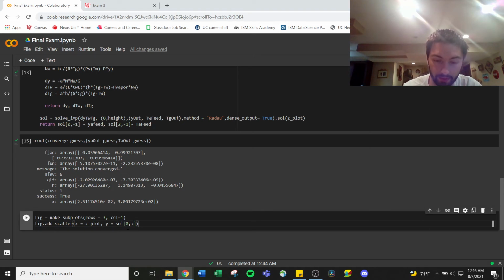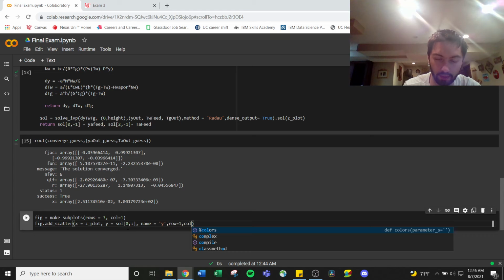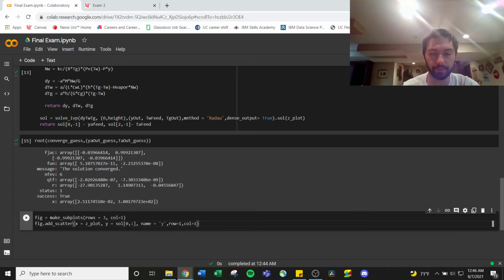And then I believe next we can name this one, and this is going to be the mole fraction of water in the air. So name y, and then we can set it, we want it to be the first graph, so row 1 and col equal to 1. And now we just do the same thing for each differential.